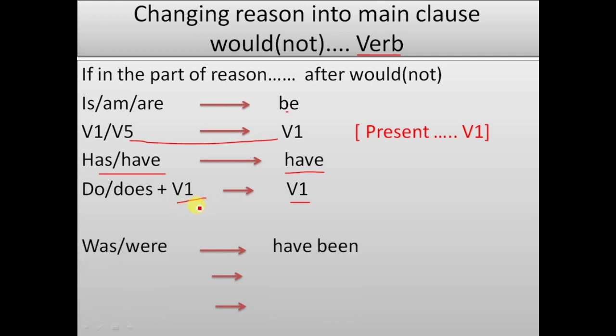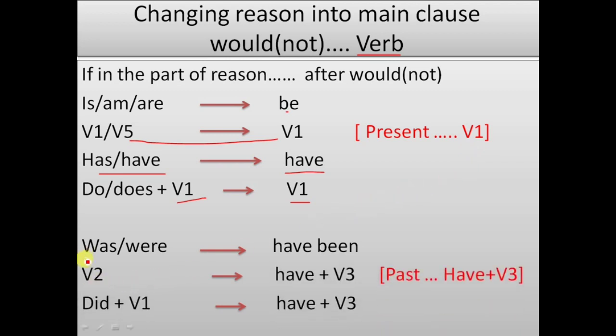Or if the reason is in present tense, we have to change them into their appropriate V1 form, like is, am, are into be, V1 V5 into V1, has, have into have. Similarly, do, does plus V1, so here we are using the same V1. Similarly, if there is was, were, we have to change it into have been.